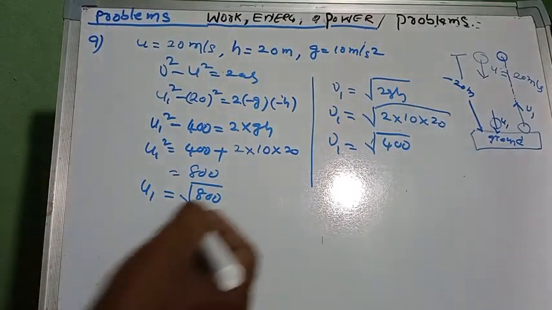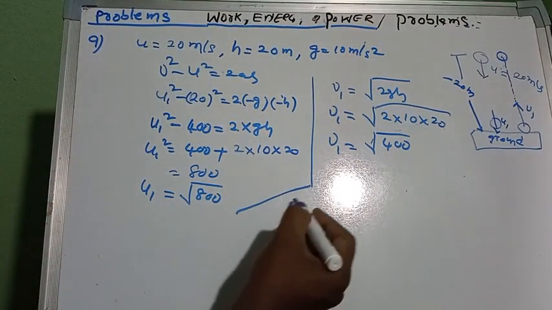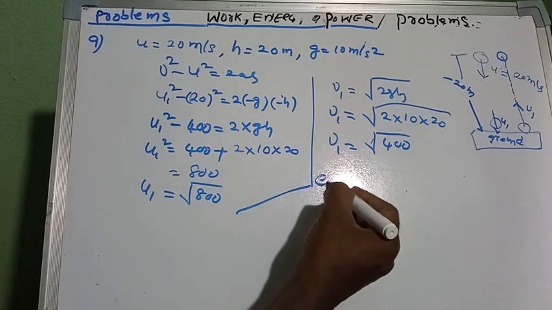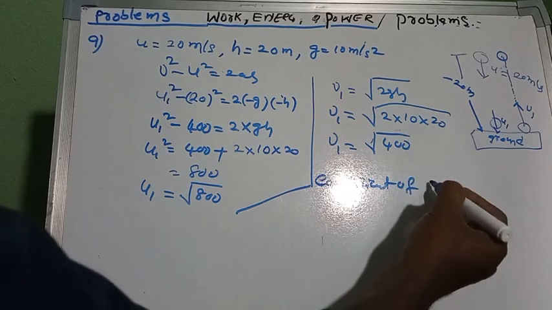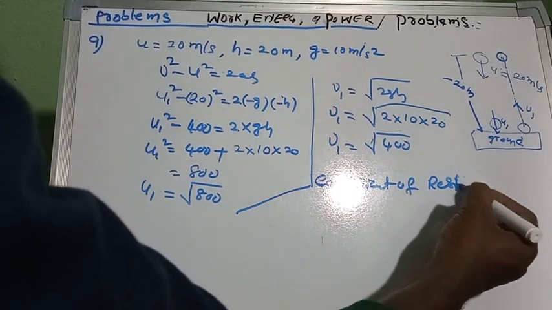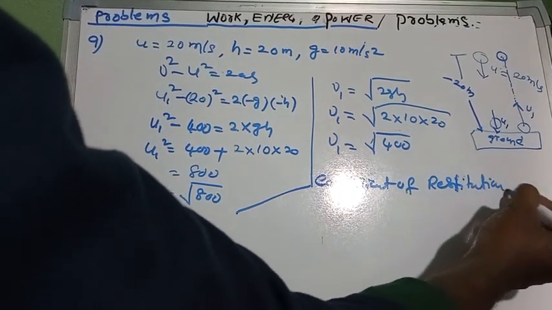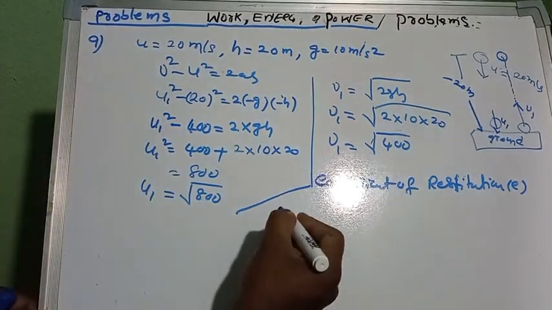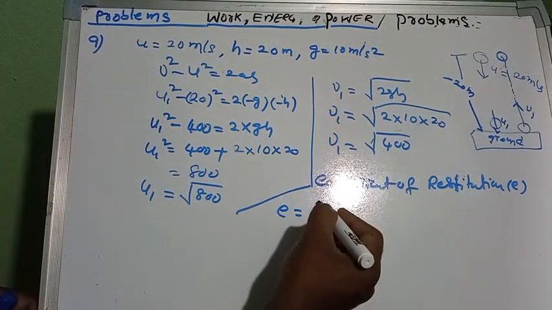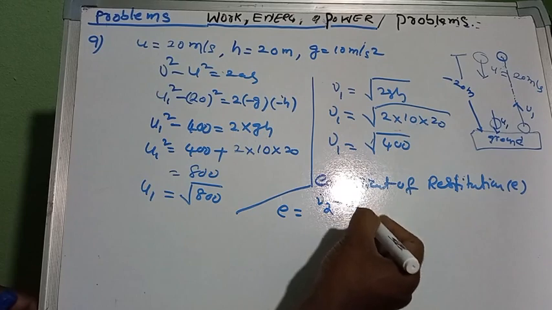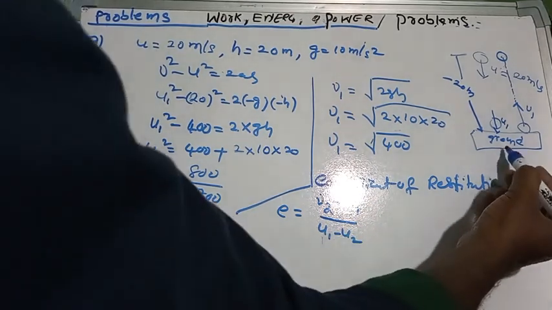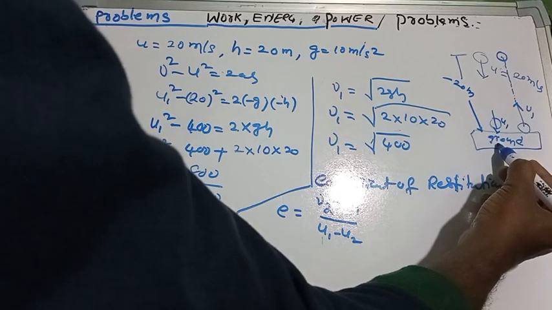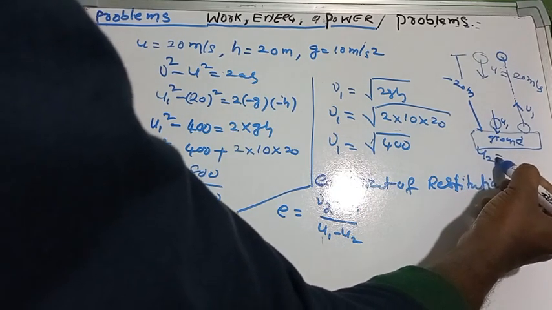Then the coefficient of restitution. Coefficient of restitution, that is e, is equal to v2 minus v1 by u1 minus u2. Here u2 means the ground, the second body's velocity before collision.